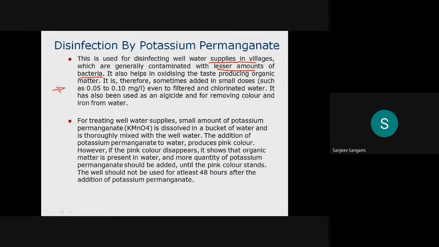It also helps in oxidizing the taste producing organic matter. But one disadvantage is that it creates a color.